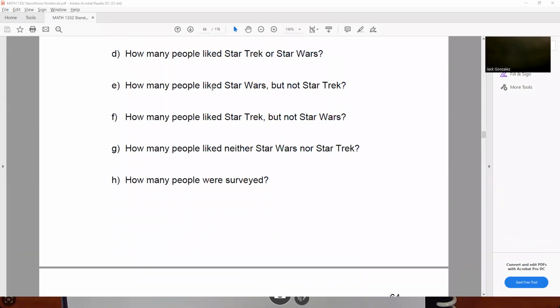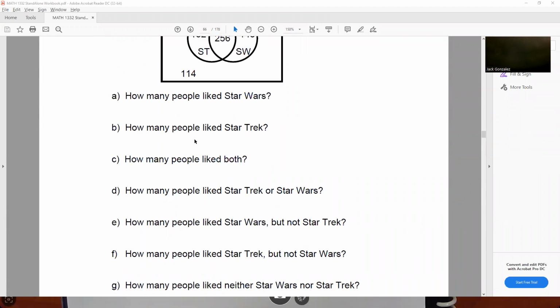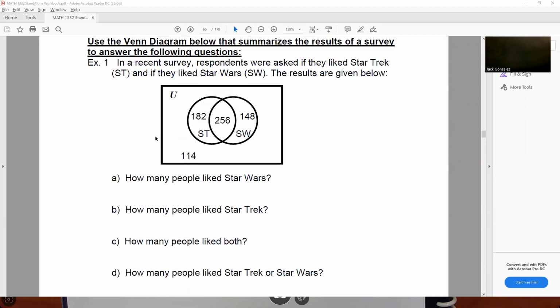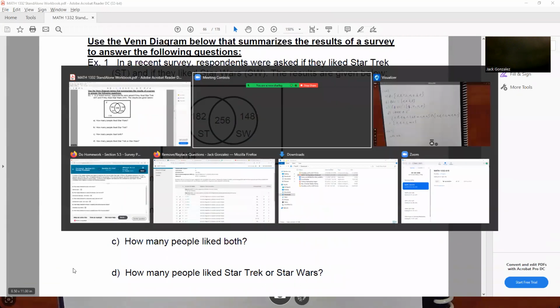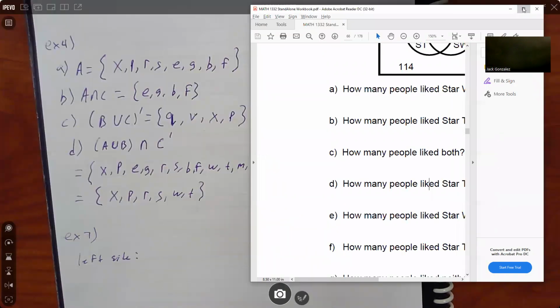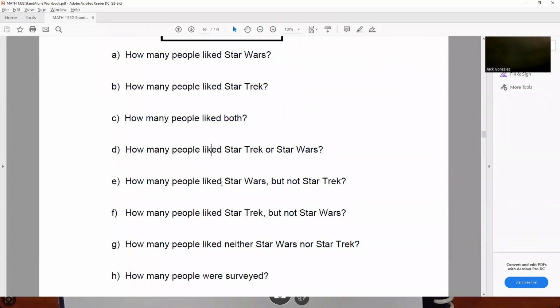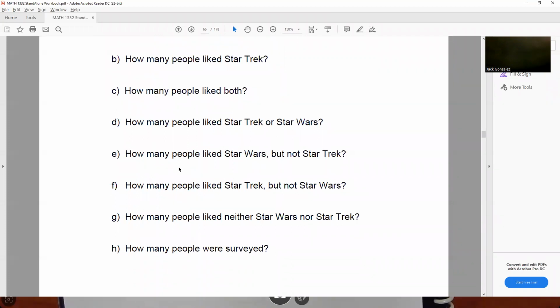So these here, though, it says how many people like Star Wars but not Star Trek. So E, Star Wars but not Star Trek.